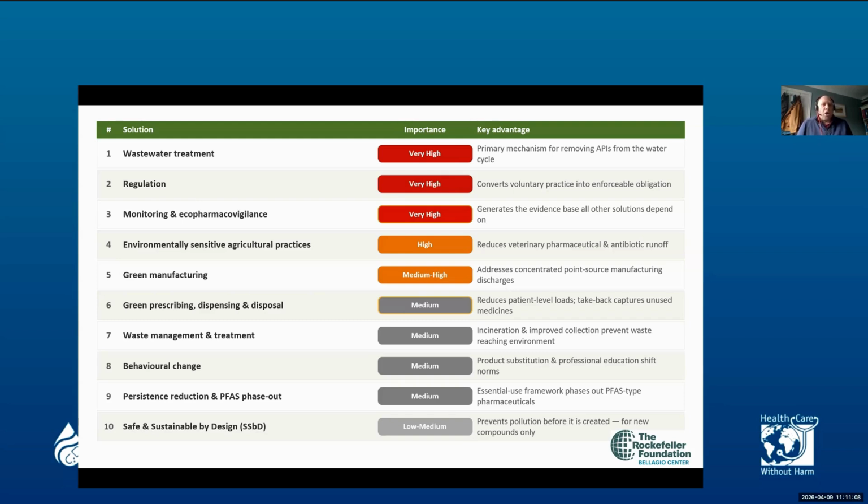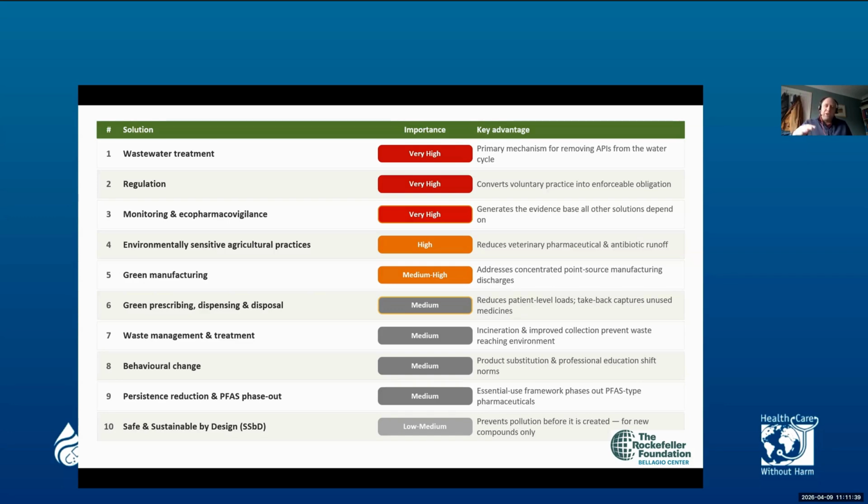So you can see that wastewater treatment, so this would be introduction of tertiary treatment methods, but also new decentralized methods, will reduce levels of pharmaceuticals in the environment. Then improved regulation, so introduction of global environmental quality standards for some of the more hazardous molecules, and then better monitoring and ecopharmacovigilance, so we begin to understand the levels more broadly and ensure that the mitigations are actually working.